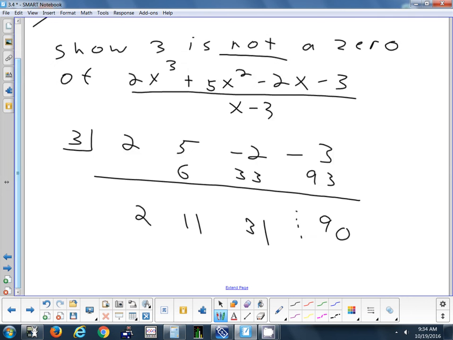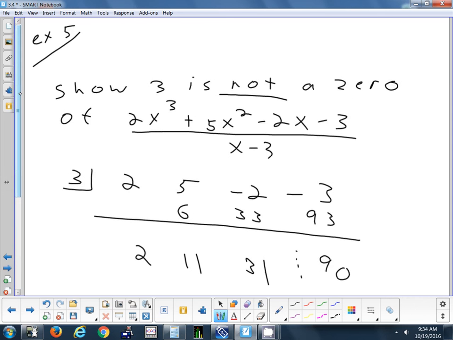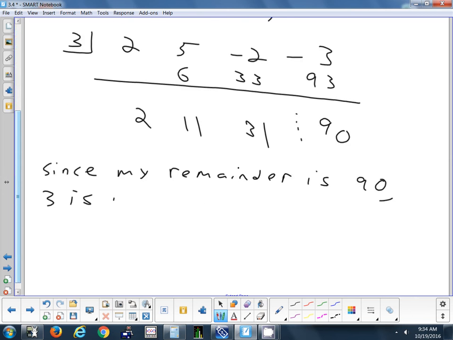90. So since my remainder is 90, what did they ask me? I want to word it the way they did. 3 is not a 0. What is not a factor?